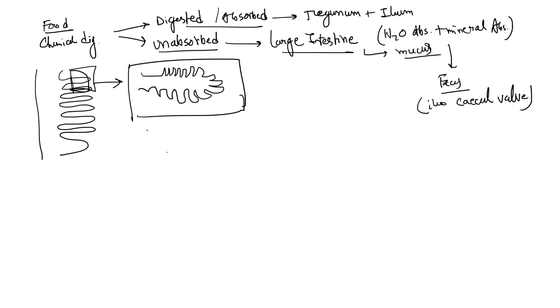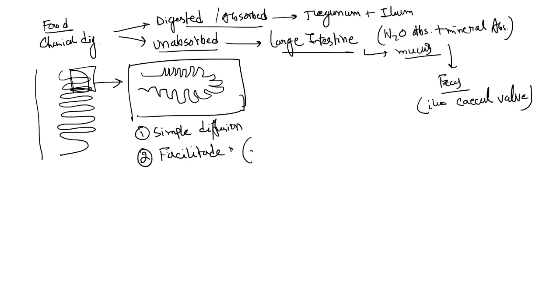Okay, so the movement is either simple diffusion or facilitated diffusion. Simple diffusion of glucose, amino acids and electrolytes like chloride ion and sodium ion can occur.